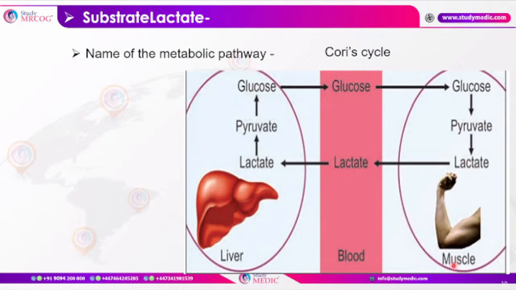Why is lactate produced in skeletal muscle? Whenever the muscle is going through vigorous exercise, anaerobic conditions set in, and pyruvate will be converted to lactate. That lactate will travel all the way to the liver and help yield glucose molecules. So this is one of the metabolic pathways where glucose is produced, that is, gluconeogenesis is happening. This is referred to as Cori's cycle.